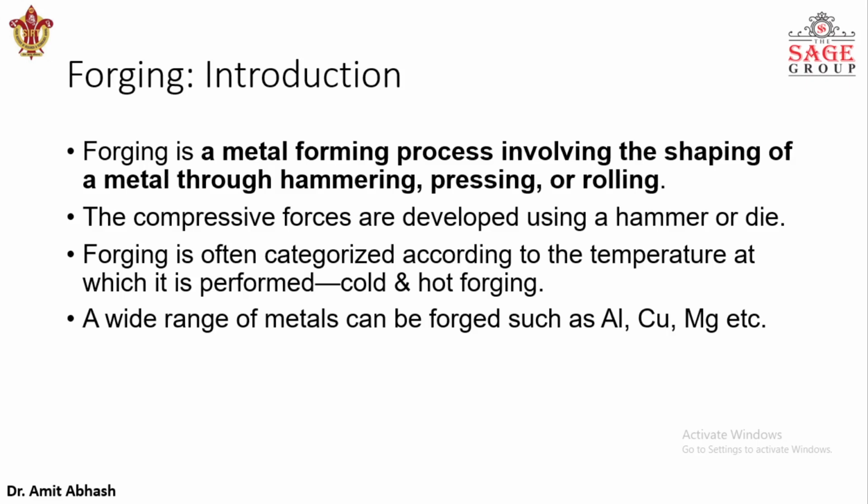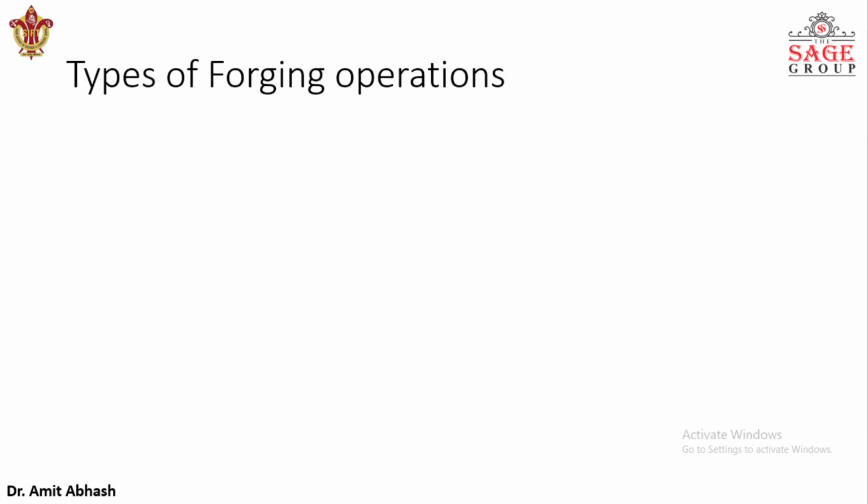After the introduction of forging, we will go for the types of forging operation. Apart from hot and cold forging, we can bifurcate forging into extra parts that we are going to see. The first one is smith forging, meaning blacksmith forging. That means a simple, generally flat type of anvil.